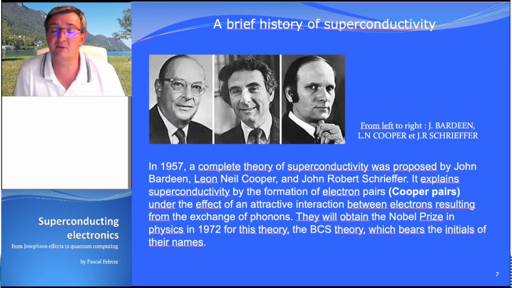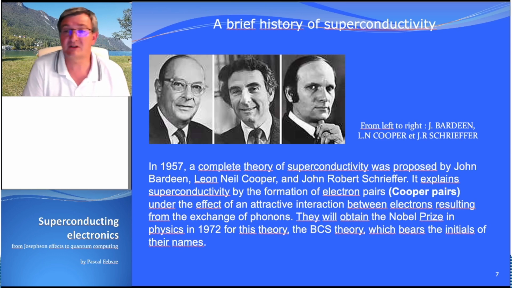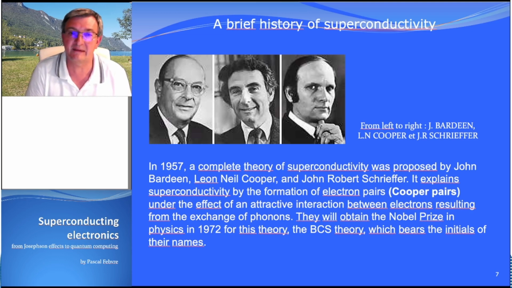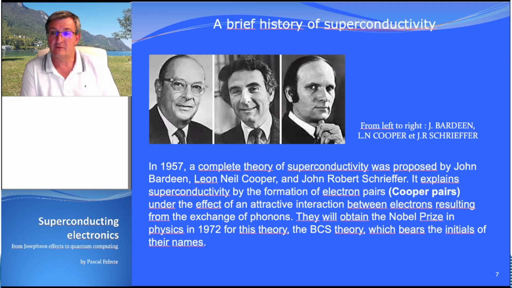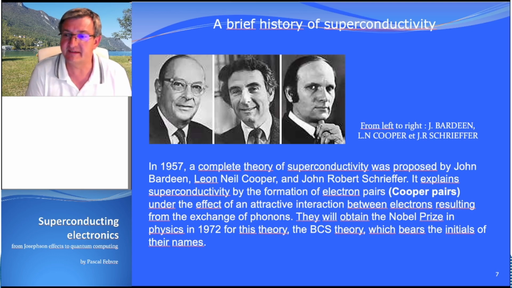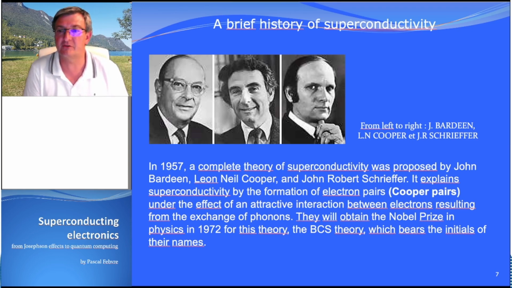It could be mercury, for example, and there are interactions between the free electrons and the lattice, and when some conditions are met, electrons are assembled in pairs, which are now called Cooper pairs, from Leon Cooper, physicist. And Cooper pairs have a charge of 2e, 2 times the electron charge, and they are bosons. They are not fermions, so they don't have the same properties as electrons at all. And they have all the good properties of bosons, like photons. Photons are bosons, of course.